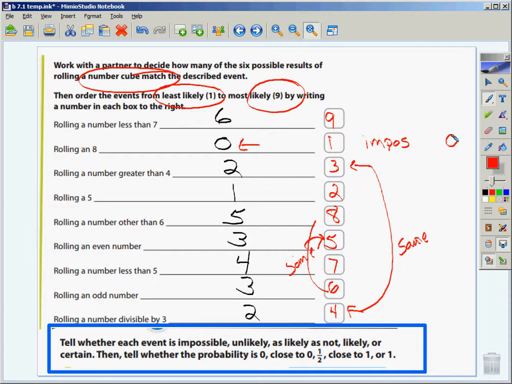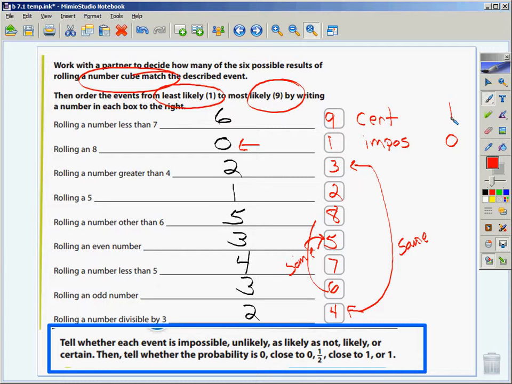Which one is certain? Rolling a number less than 7. This is certain. In other words, it's at 1. It has a probability of 1.